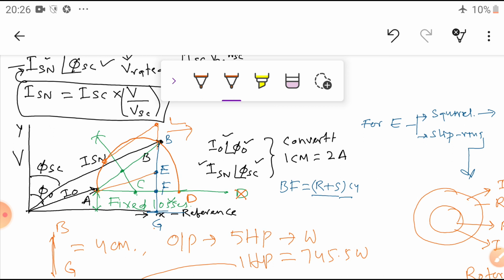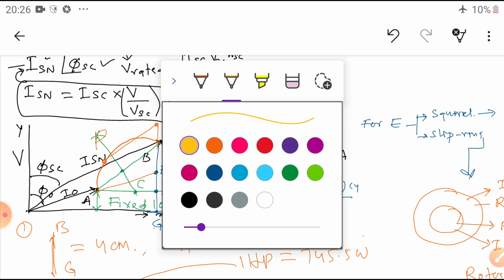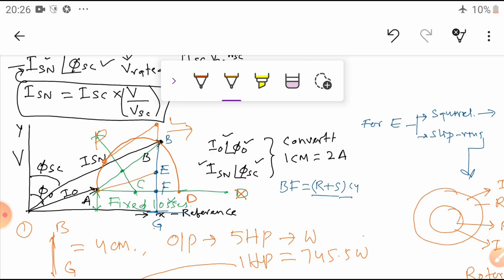Now, join from O, you represent this as P. So the line drawn from O to P is the full load current. We can write the I2.